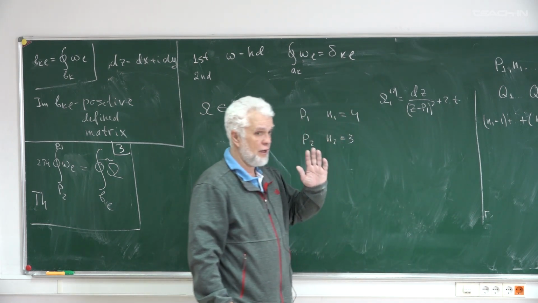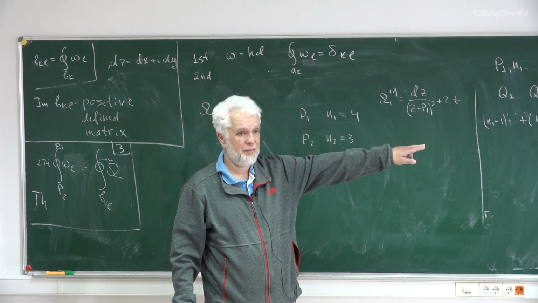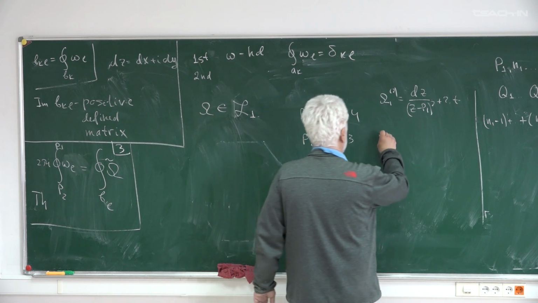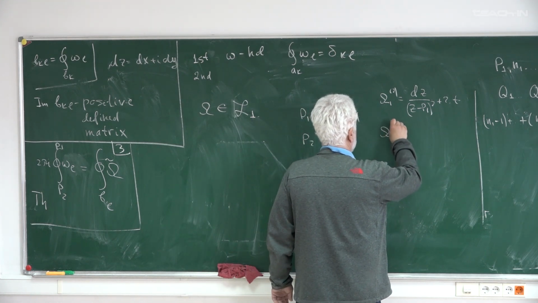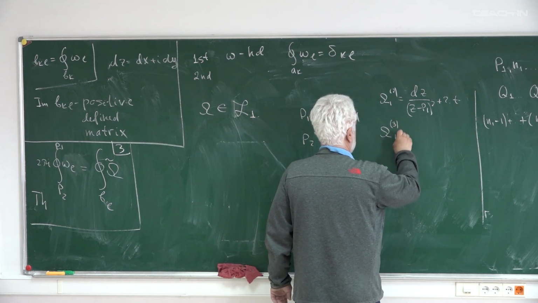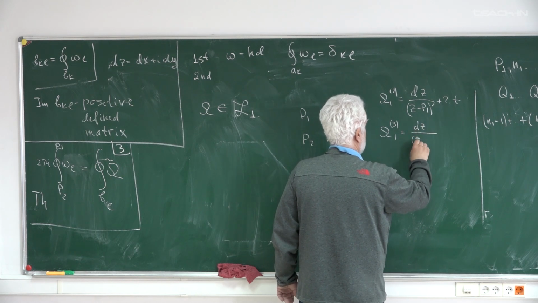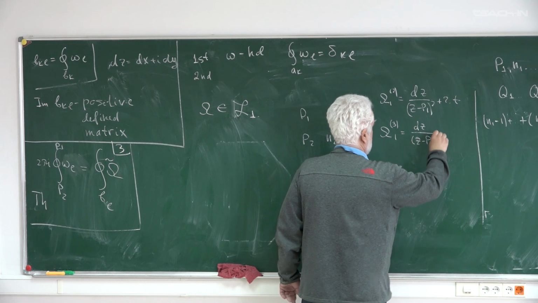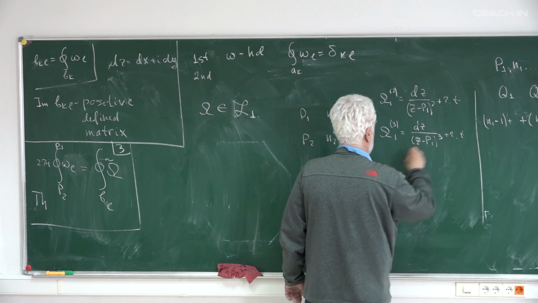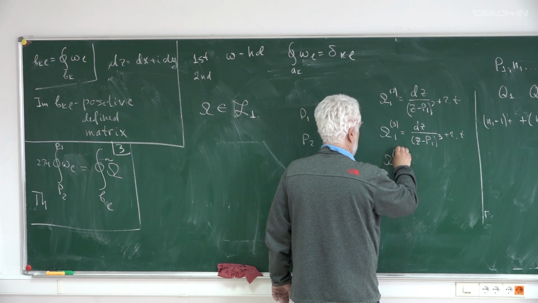And of course, all A periods are 0, you remember. Cube plus regular terms, omega 1,4.